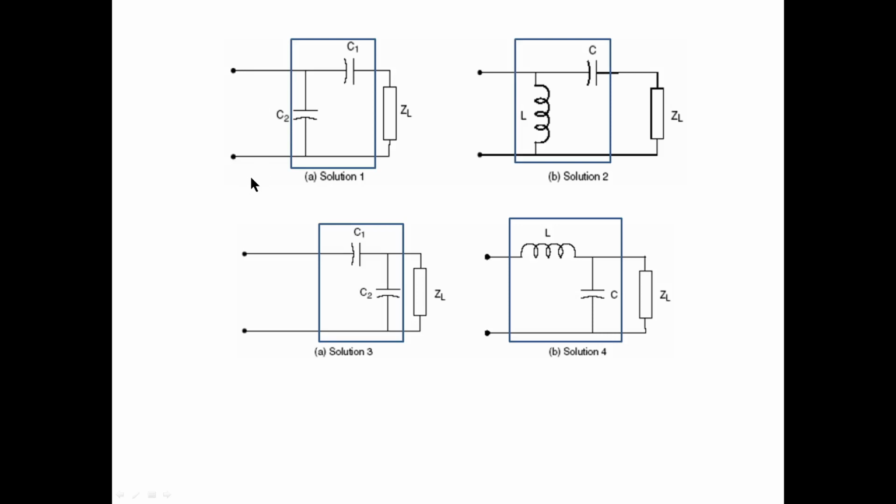Then what should be the value of these two? It may be any value, any combination. If you know the load value, the value of this and this, by adding these two with the load, we can get an impedance match. These two values we can easily obtain from the Smith chart.